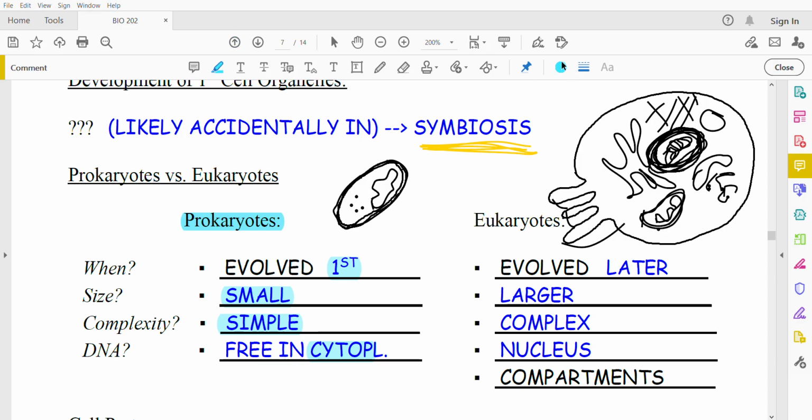Whereas with eukaryotes, we notice that it took longer for them to appear in life, so they evolved later. They're much larger, much more complex. Also, we end up finding these separate compartments within the eukaryotic cells, so all these cell organelles that we had a look at here. And of course, the DNA is housed inside a nucleus, a structure on its own. So that's the division in two that we want to be familiar with.